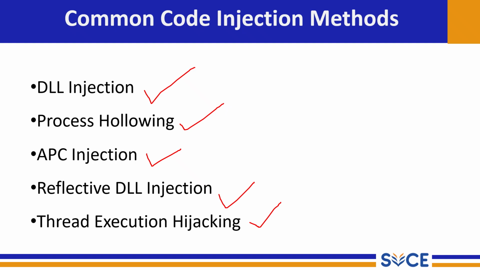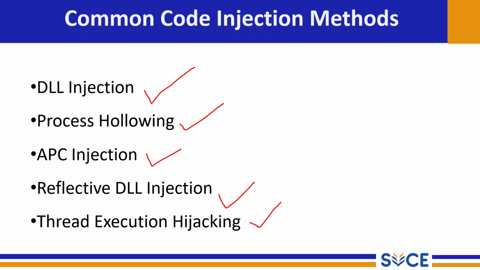And reflective DLL injection: here, loading a DLL directly from memory without using LoadLibrary. For detection, look for unusual memory allocation patterns or detect processes executing code from non-image memory regions. And also check for the absence of normal DLL load events.